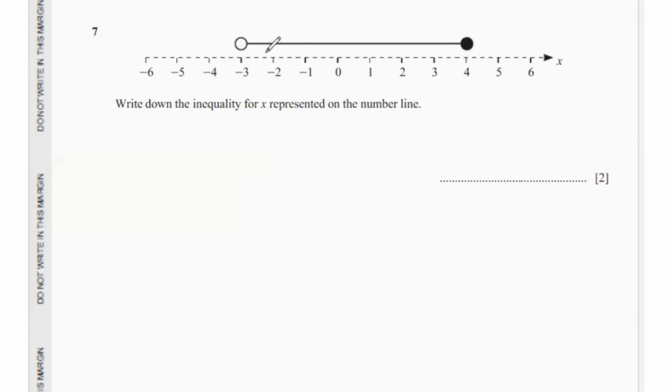So over here, x is between -3 and 4. Since the circle at 4 is shaded, that means it's less than or equal to 4, but greater than -3. -3 is not included in this range once again, but 4 is, because the circle at 4 is shaded.